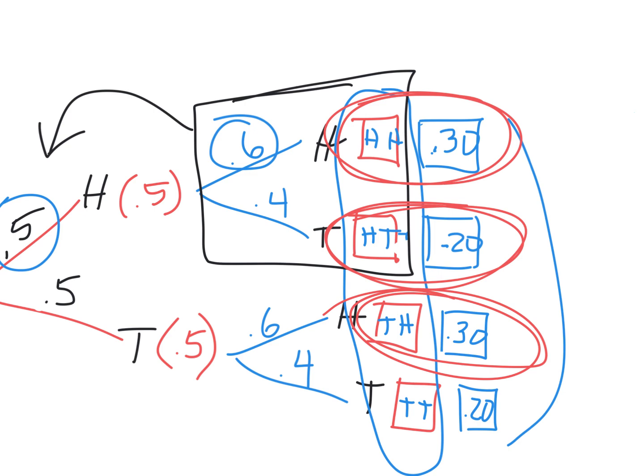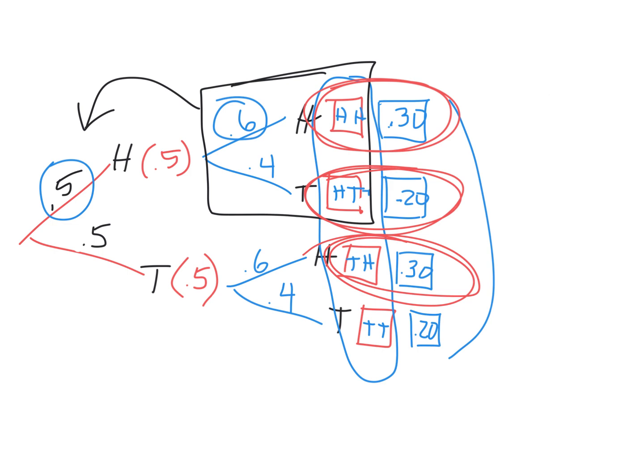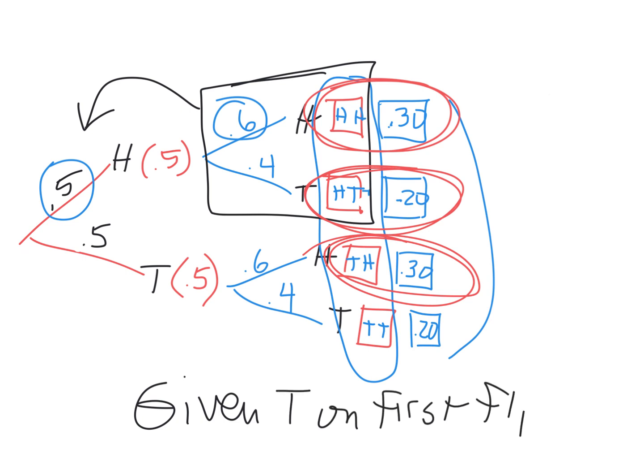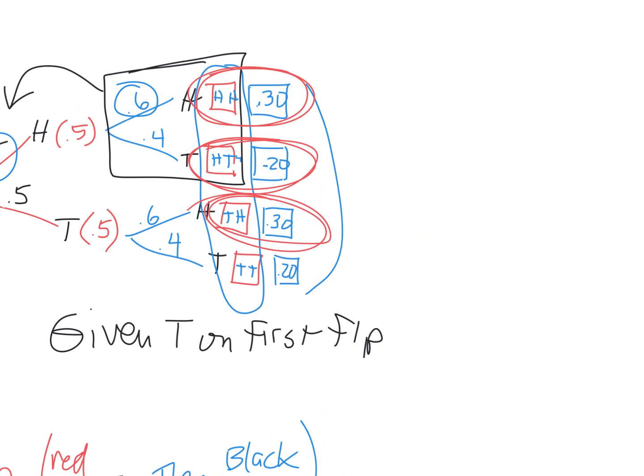Okay, next one is here. Given that I got a tails on the first flip, what's the probability of tails, tails?